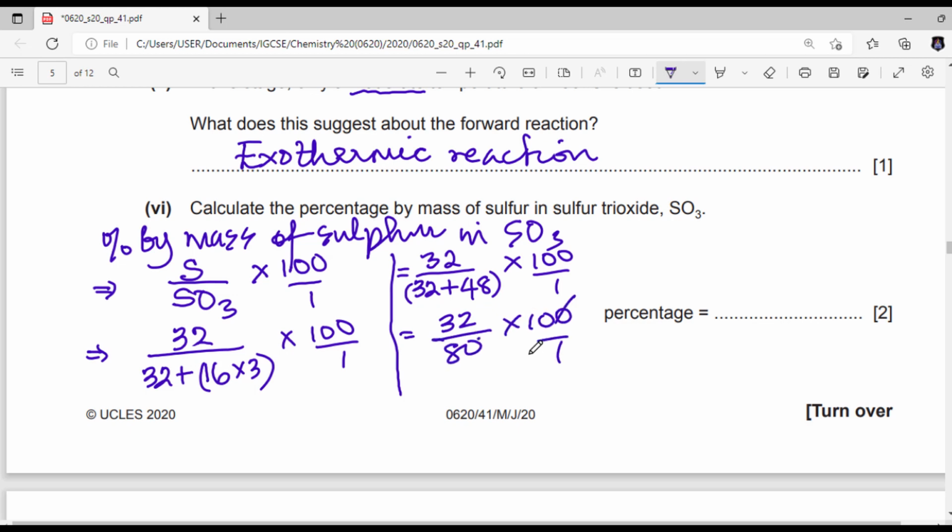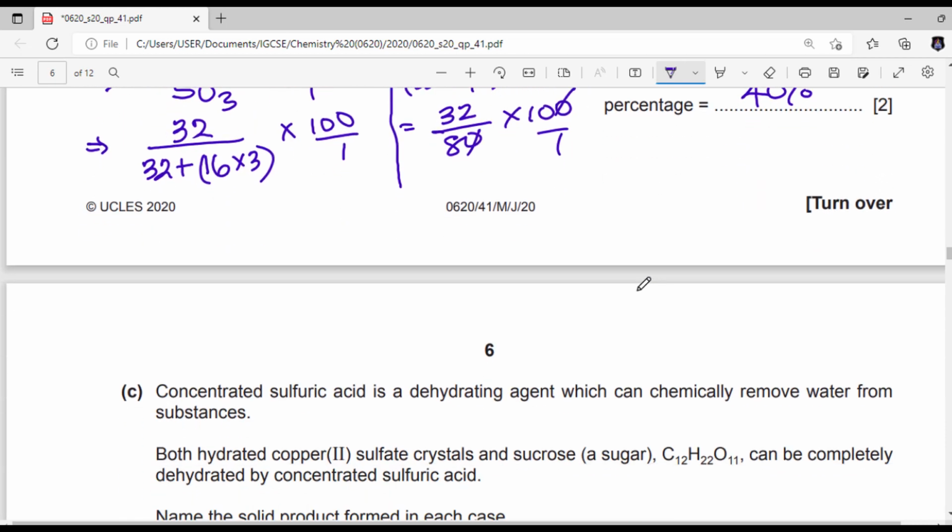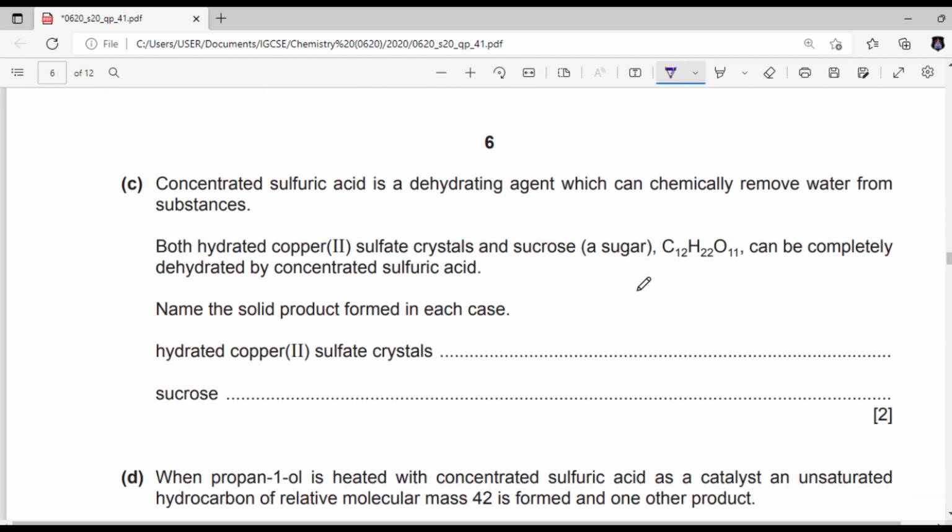If we evaluate this, you get 40%, which means that the percentage by mass of sulfur in sulfur trioxide is 40%. Now, 40% of sulfur trioxide by mass is sulfur.